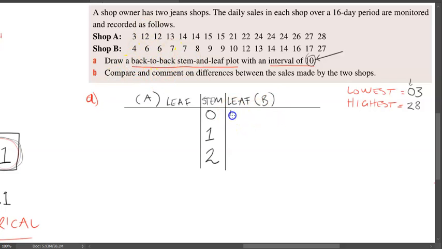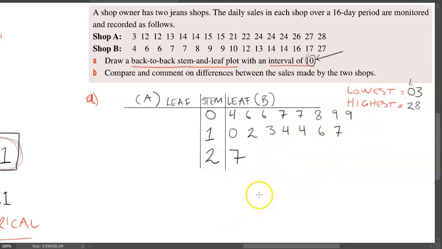I already know that it's going to start at 4, and go 6, 6, 7, 7, 8, 9, 9. Then we go 10, 10, 12, 13, 14, 14, 16, and 17, and then we've got one more, 27. Okay, so there's the first one.